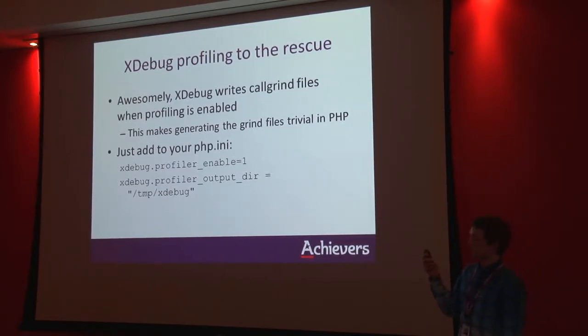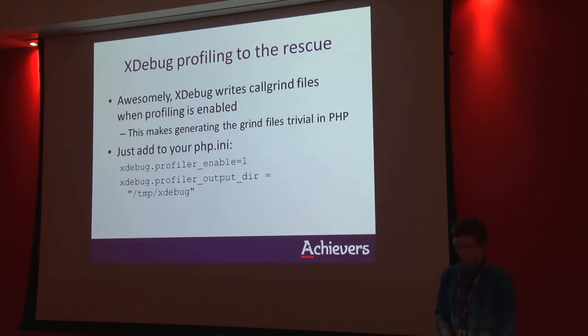You just need to have the Xdebug extension enabled, turn the profiler on, set an output directory, and then it will start generating these Callgrind files every time you hit your application. The downside is that it's going to slow down your request by about 3 to 5 times, because it takes that time to gather all the data, so obviously don't run this in production.